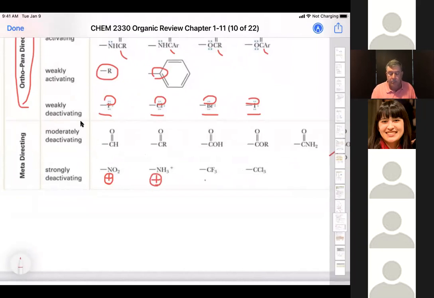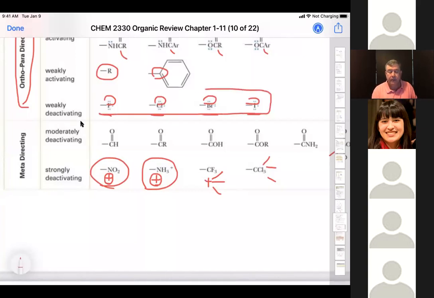This one has most of a positive charge because of the inductive effect of having 3 halogens on there, but both of these have a formal positive charge. That's why it's strongly deactivating. All of these moderate to strongly deactivating groups are meta directors. These are deactivating, but the lone pairs make them ortho para directors. So knowing that is kind of important.